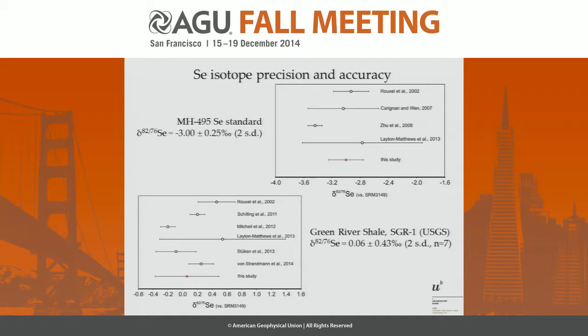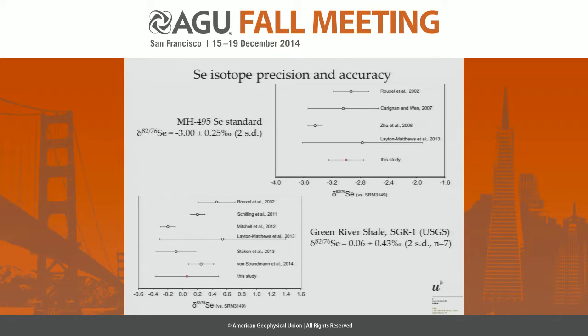We measured the selenium isotope composition in 2 different lab standards to control the precision and accuracy of our method. From the upper diagram, you can see that we measured the selenium isotope composition of the MH495 selenium standard solution. Although we do not get the most precise data, we are more or less accurate.